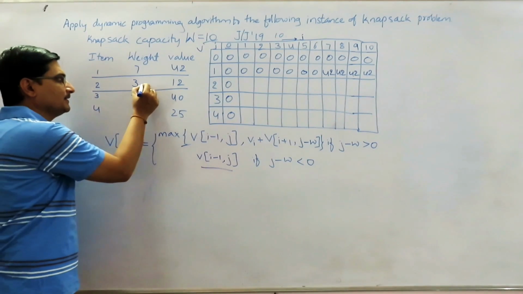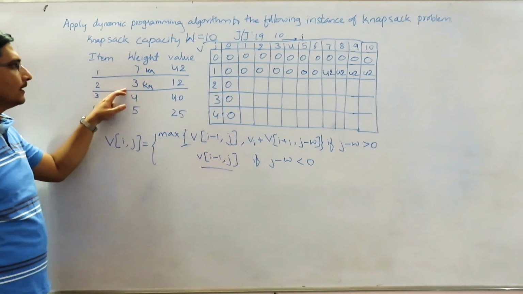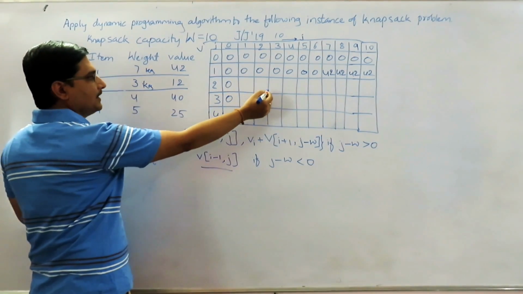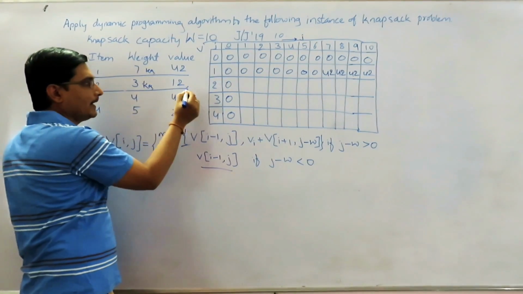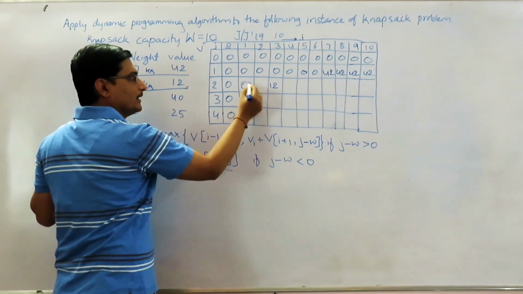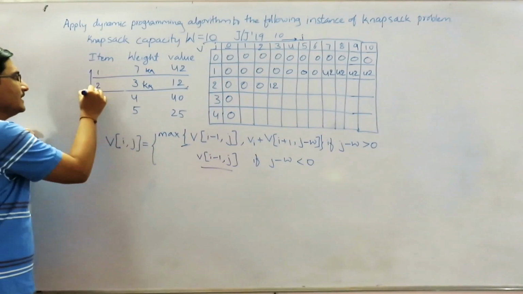Let us consider them in kg so that we can talk very easily. When the capacity of the bag is 3, we can put this into the knapsack and the value gained will be 12. Before that, we cannot put any elements, because we can consider these two elements now.